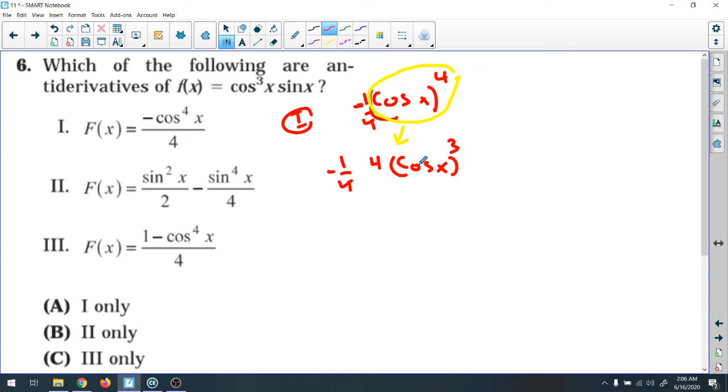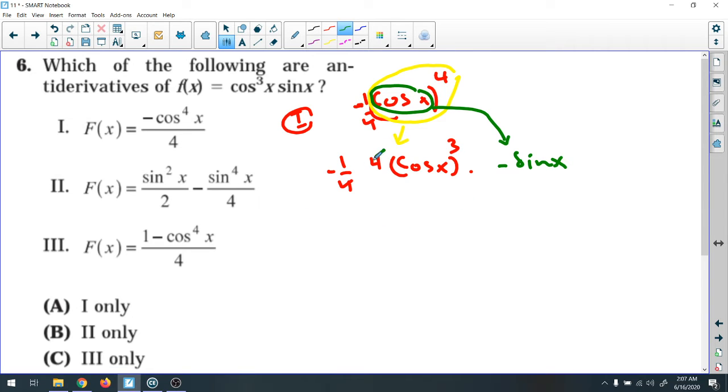This is a power function with the chain rule. The whole function, you drop 4 and keep cosine, with exponent 4 minus 1 is 3. Times, you go inside and do the derivative of the inner function, cosine x, which is negative sine x.